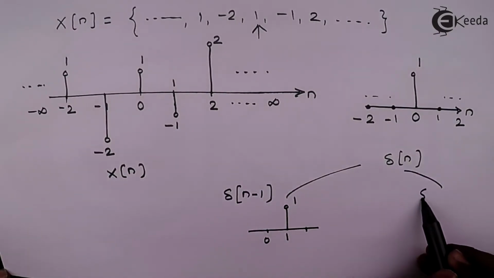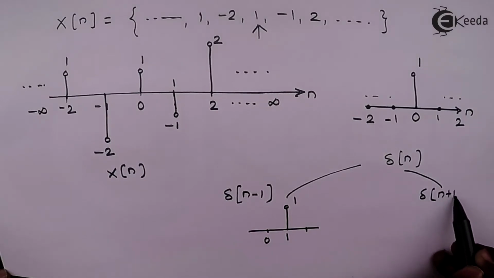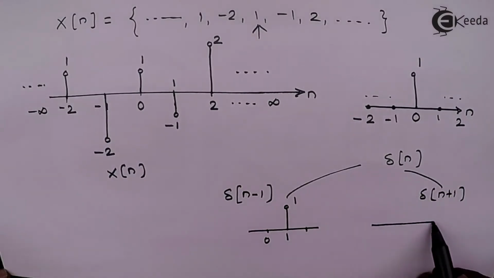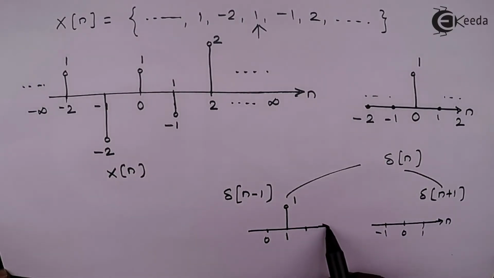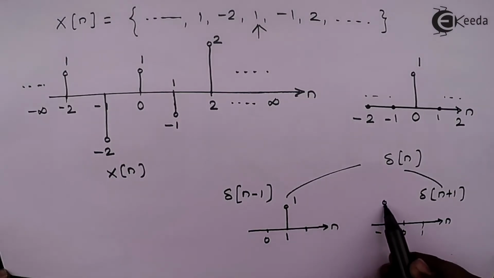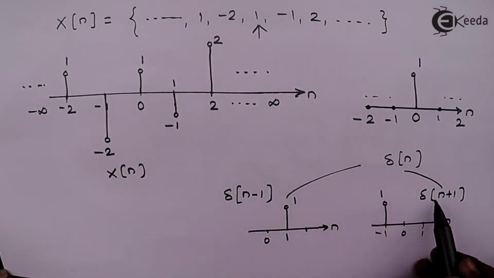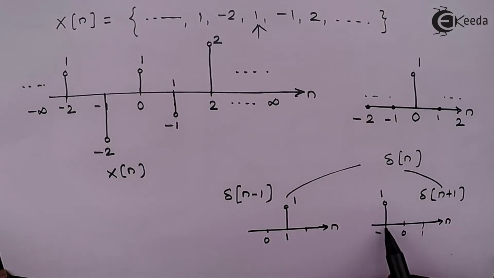Similarly, I can advance this to make delta n plus 1. So it will have the magnitude 1 for n equal to minus 1.